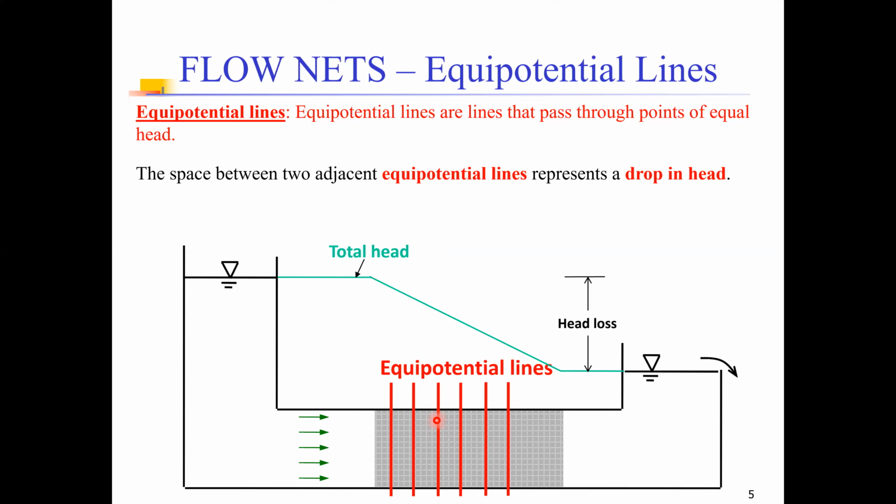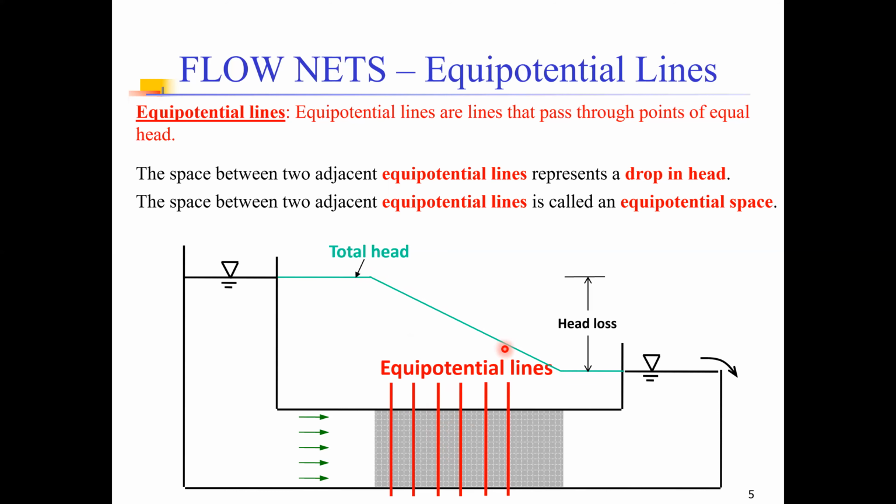So there is a head loss moving from this equipotential line to the next, which can also be seen by the downward slope of this line. Another important characteristic is that this drop in head is the same between each equipotential line. Whatever the head drop was in this space, the same would be the head drop in the second space, the third equipotential space, and so on.